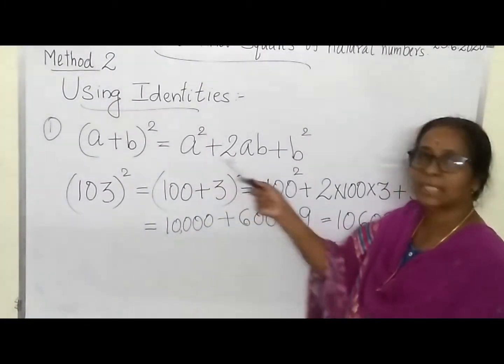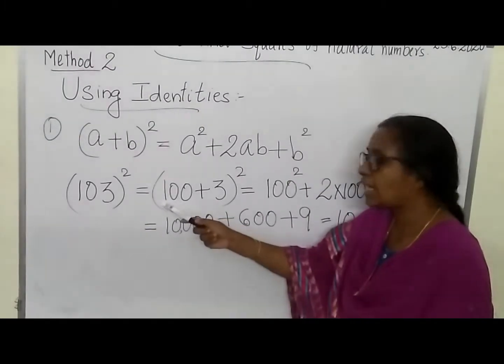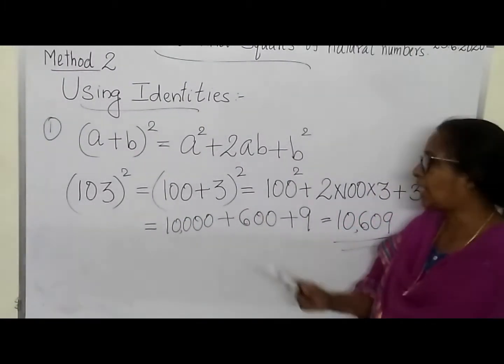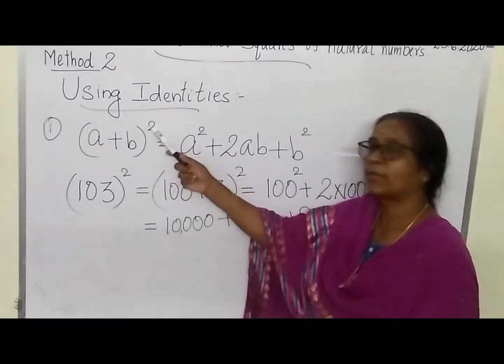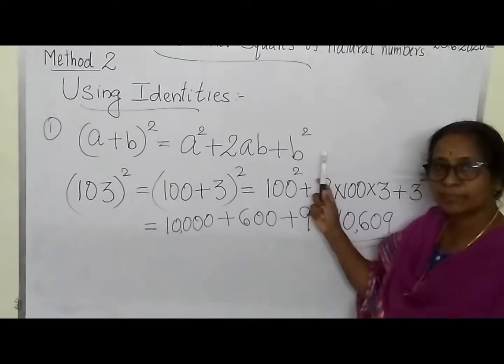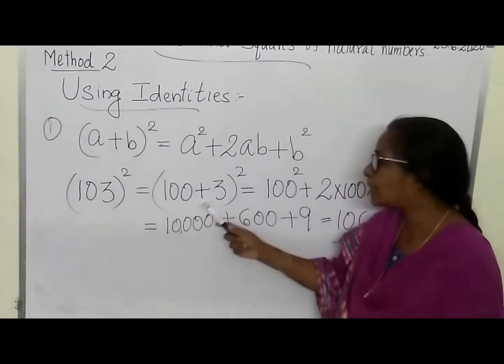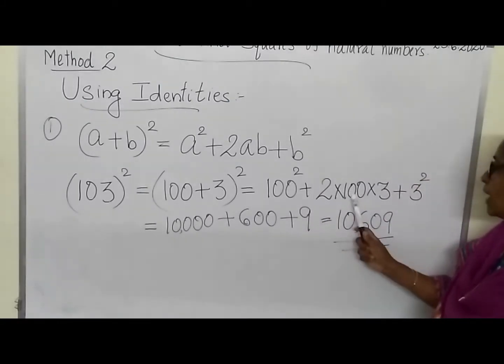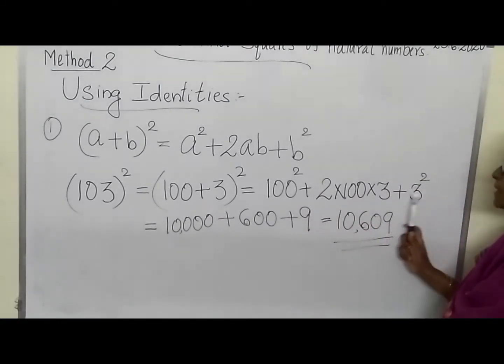Now use this identity. In place of A you have 100, in place of B you have 3. So what is (A plus B) whole square? A square plus 2AB plus B square. So what is (100 plus 3) whole square? 100 square plus 2 into 100 into 3 plus 3 square.